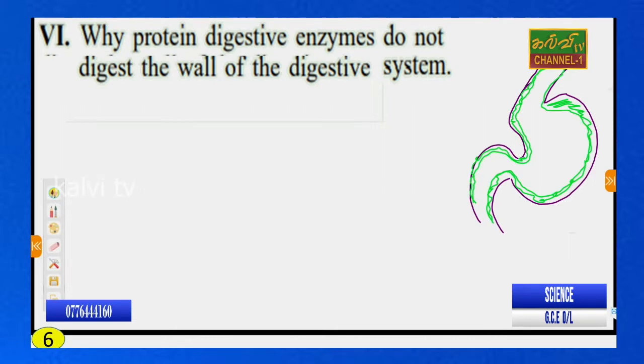So we can write the answer for this. What is the reason why protein digestive enzymes don't digest the wall of the digestive system? The wall of the digestive system is also constructed by proteins.